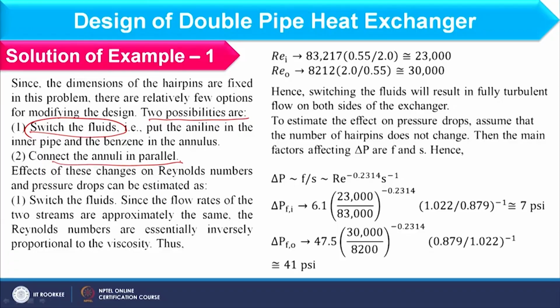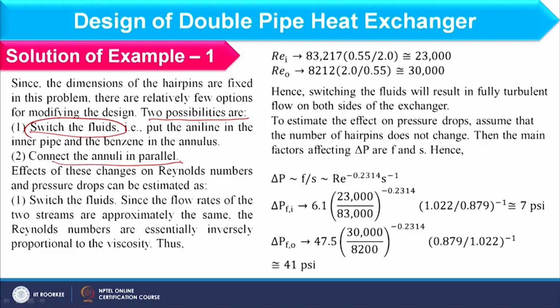But on the annular side, or annulus or annuli, we can consider a lesser pressure drop, and therefore we will divide the flow in the annular side only, not in the inner pipe. These two possibilities I have already discussed in lecture 1 also, regarding what we should do when infeasibility occurs. So, these two options we have already focused on there also.